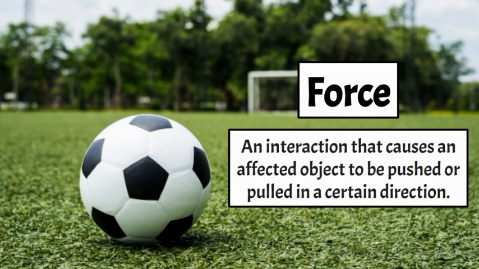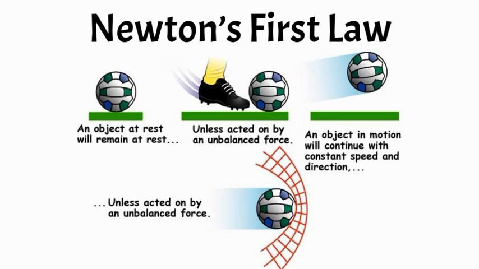Right? And this provides the basis of Newton's first law. And we'll get to balanced and unbalanced forces, but for now, just know that things at rest, here, an object at rest, will remain at rest unless a force acts upon that object. All right?